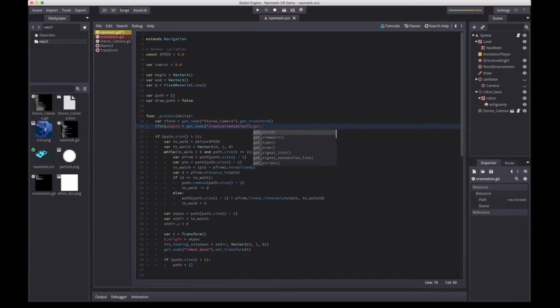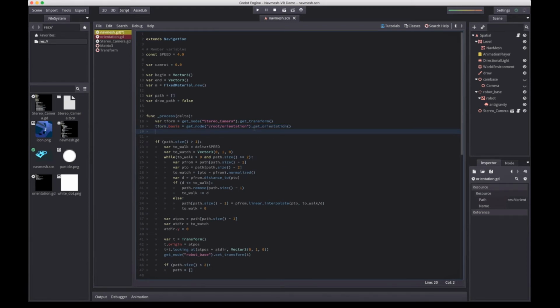Then we call our get orientation function, so that will get our updated orientation. Last but not least, we are going to set our transform to our updated transform. That should be enough to update our camera rotation to the orientation of our phone.